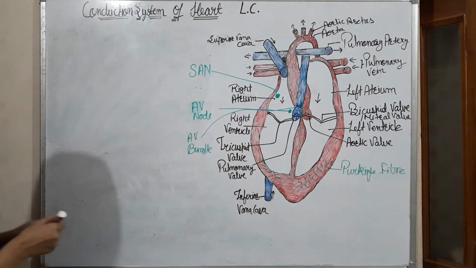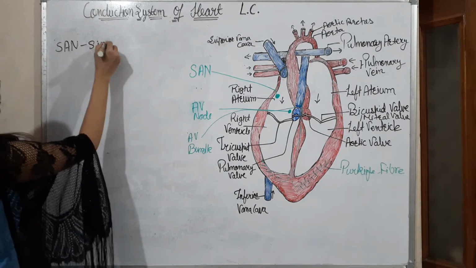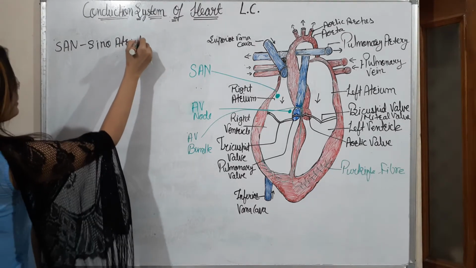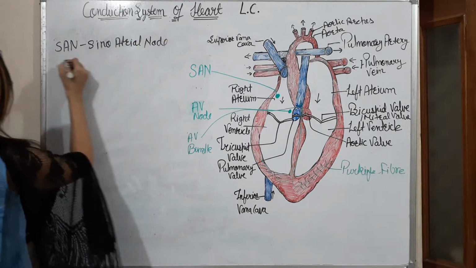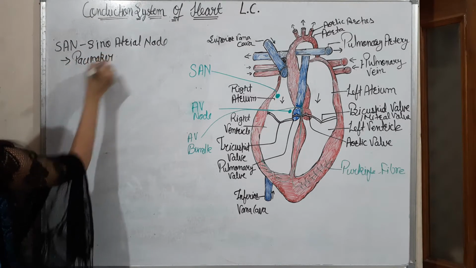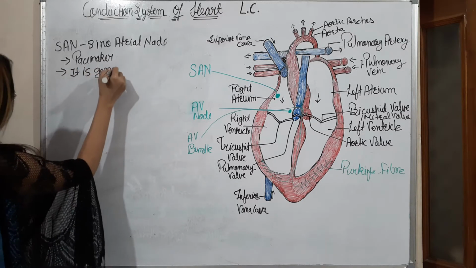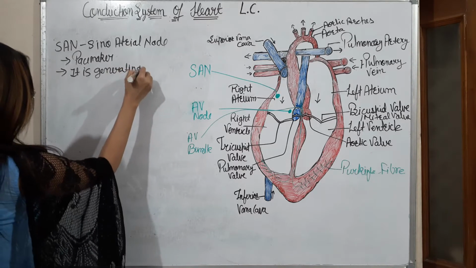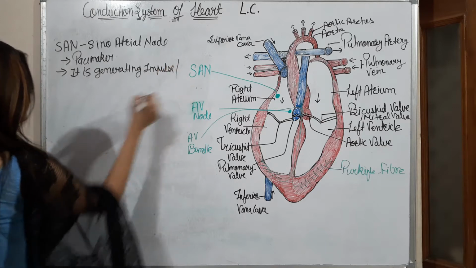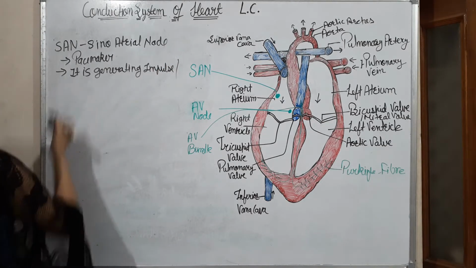Now let's begin. What is the SA node? This is the sinoatrial node, and it works as the pacemaker. Why is it the pacemaker? Because it is generating impulses, or we can say it is maintaining the rhythmicity of the heart.